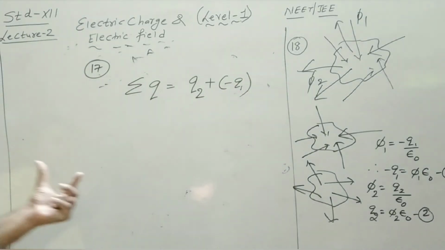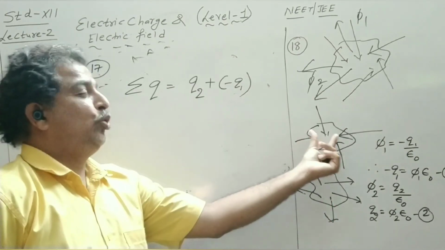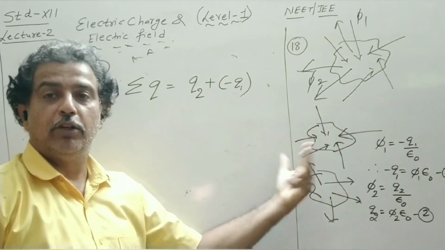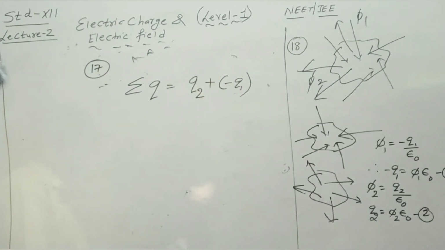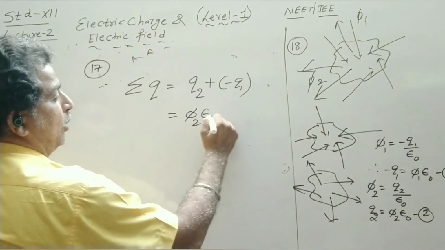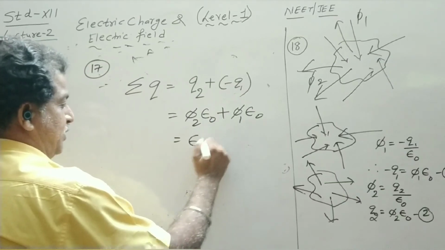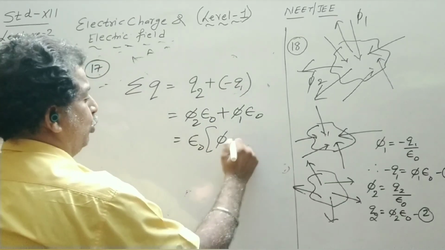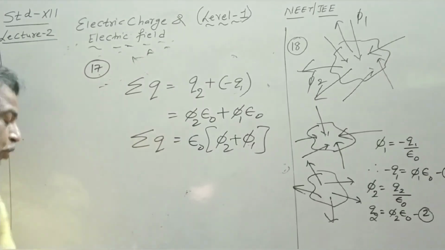This will be the total charge. So if there are 10 protons and 2 electrons, so resultant will be 8 protons. So we do the summation. So this comes out to be phi 2 epsilon naught plus phi 1 epsilon naught, that is epsilon naught times phi 2 plus phi 1, that is the total charge enclosed.